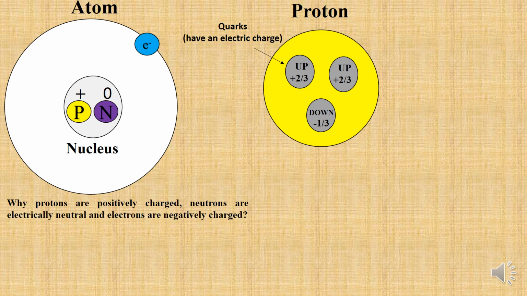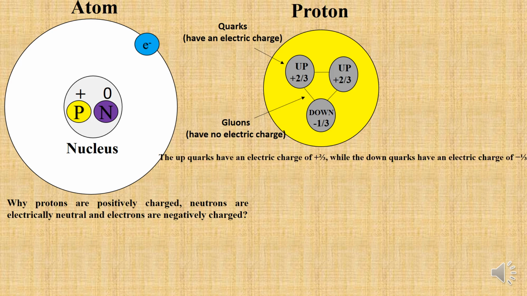Now up quark has an electric charge of plus 2 by 3, while the down quark has an electric charge of minus 1 by 3. And these quarks are held together by another set of subatomic particle called gluons, and gluons have no electric charge.